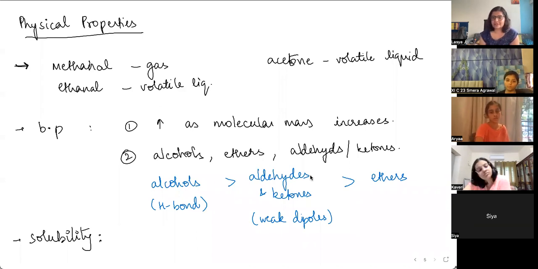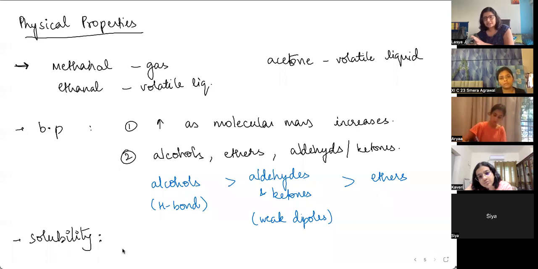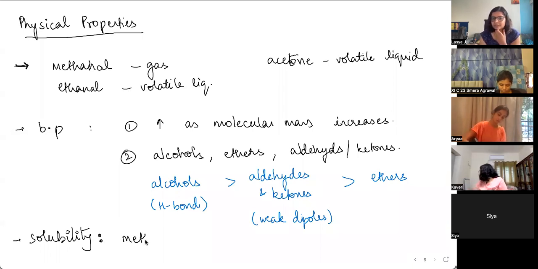Just like with alcohols, the lower ones will be soluble. I think even in ethers, the smaller ones are soluble. And as the hydrocarbon part increases, the solubility decreases, because that's the hydrophobic part. So methanal, ethanal, and acetone are soluble in water.